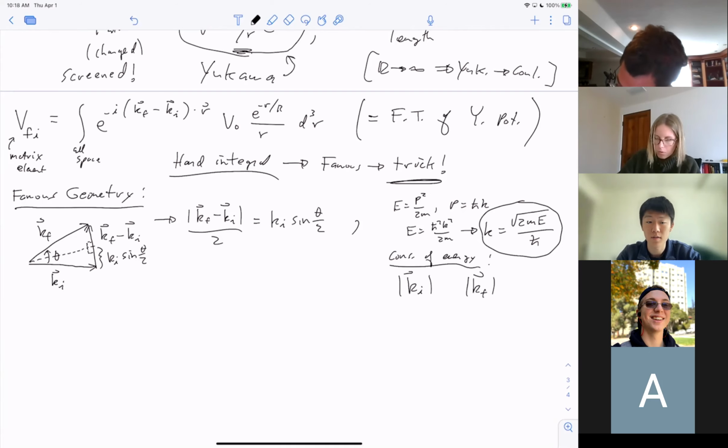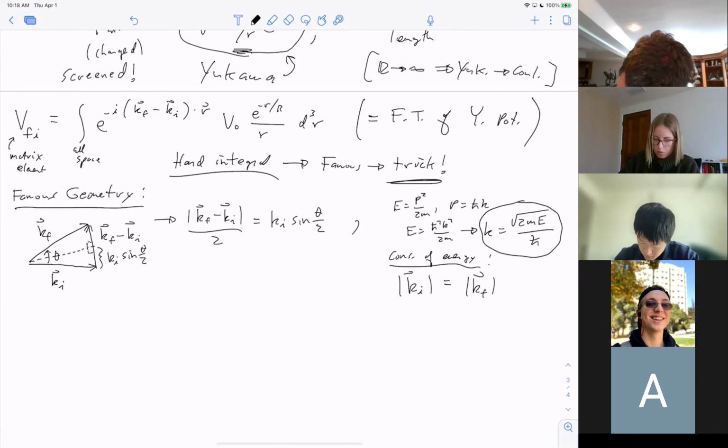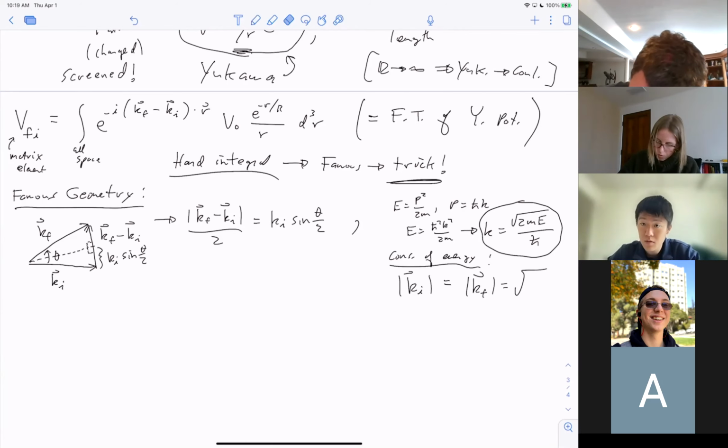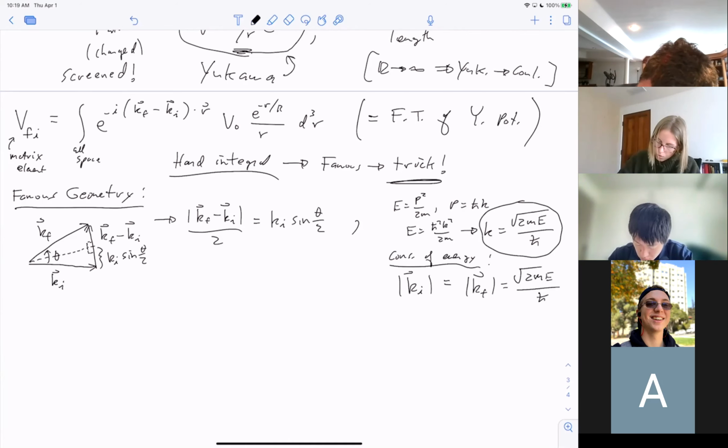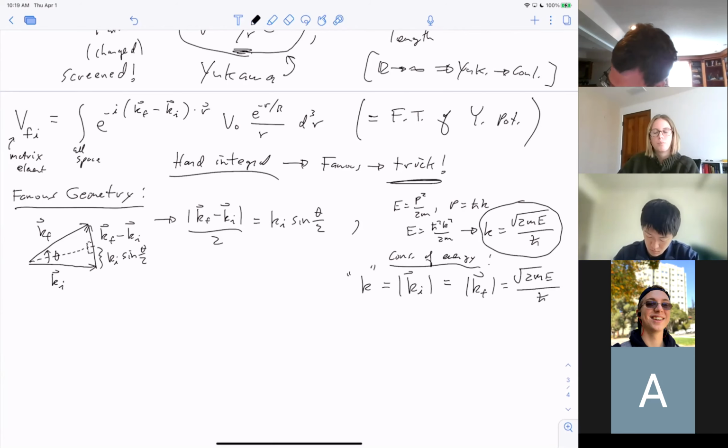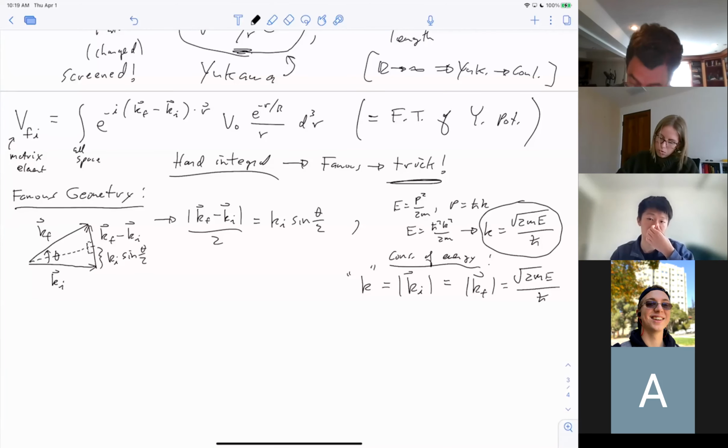Exactly, they have to be the same, and the magnitude of them both is just that little formula I wrote, the square root of 2mE over h bar. So I'm just going to call this parameter k, instead of k_i and k_final, because it's the same. It's the length of a wave vector, and it's the square root of 2mE over h bar.